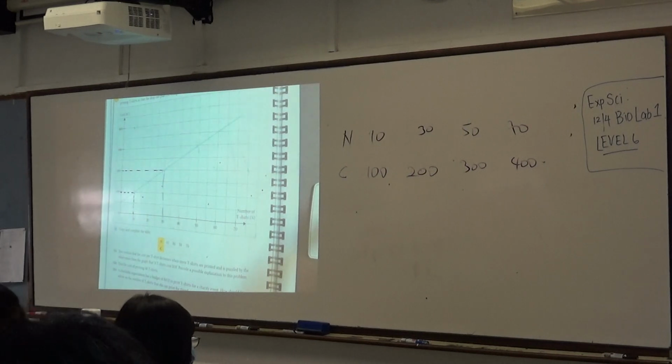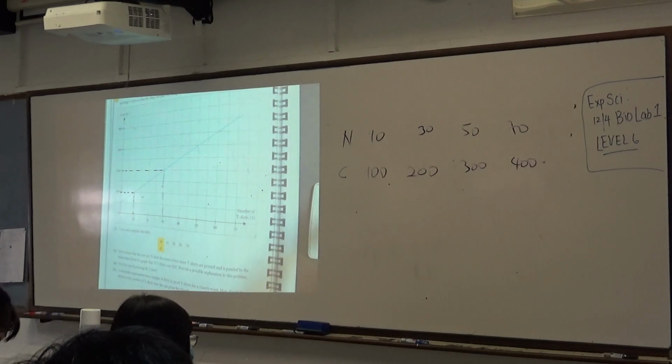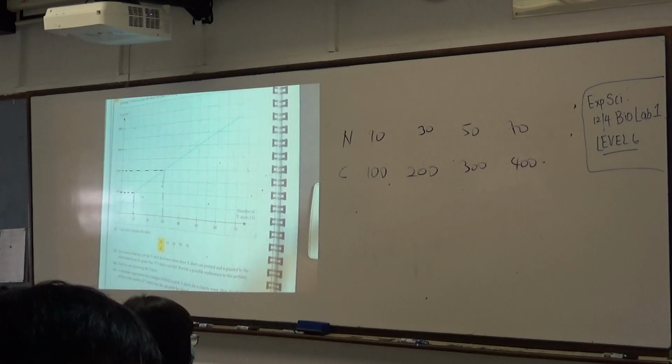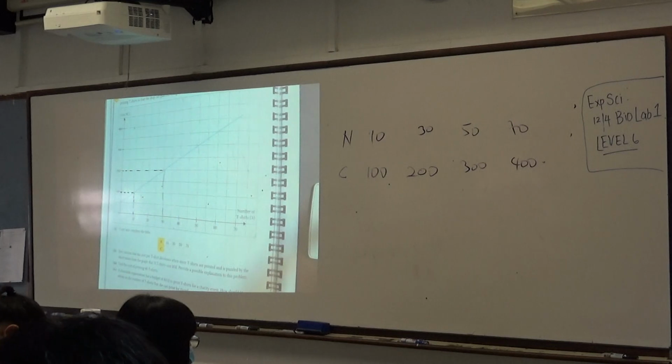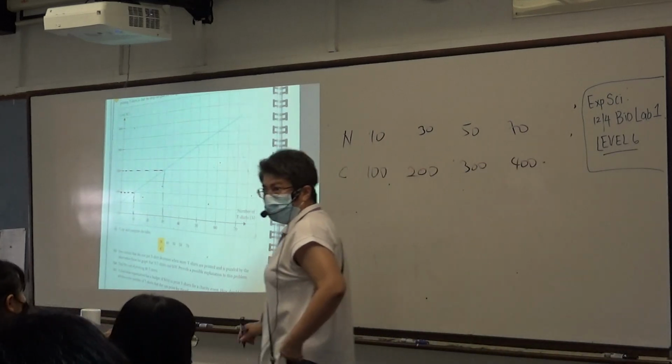Alright, part 2. Davy notices that the cost per t-shirt decreases when more t-shirts are printed and is puzzled by the observation from the graph that 0 t-shirts cost $50. Provide a possible explanation to this problem. Now, this level would like you to explain.